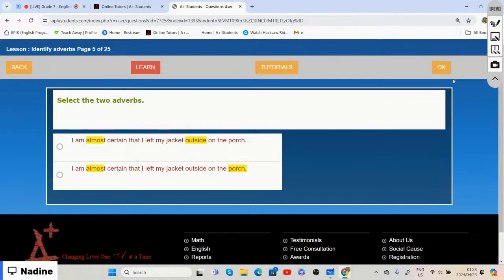We need to select the two adverbs, right? I am almost certain that I left my jacket outside on the porch. Two adverbs. Is it the first option, which is "almost" and "outside," or the second option, which is "almost" and "porch"?